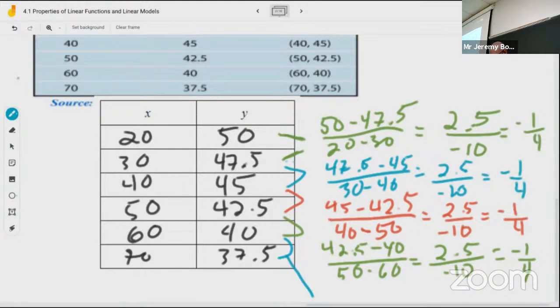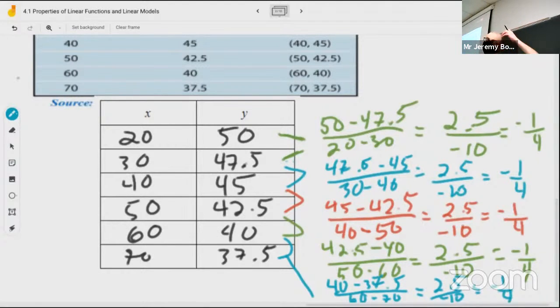So it's going to be 40 minus 37.5 over 60 minus 70, which is once again 2.5 over negative 10, which is negative 1/4.